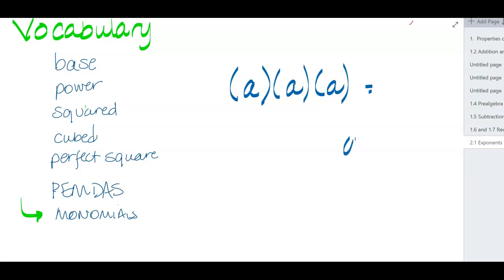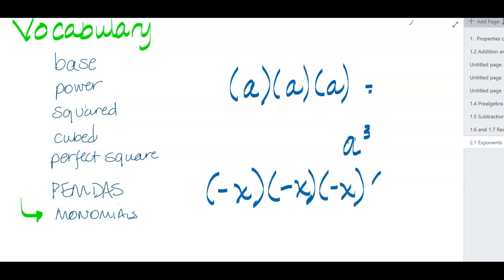This would be expressed as a, your base, to the third. If you were given negative x times negative x, we call this quantity negative x because it's what's in the parentheses. So you need to keep it in the parentheses: negative x, quantity to the 4th power.